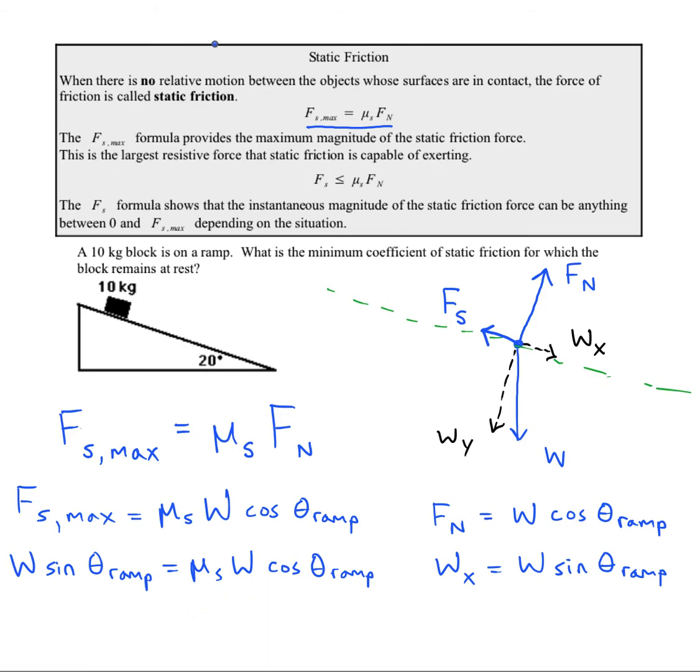Okay, as we can see, the weight of the block itself won't even matter. And we can divide to get the sine of the theta over the cosine of the theta equals mu s. In other words, mu s is going to be the tangent of the theta of the ramp.